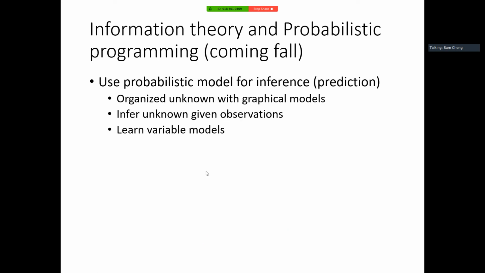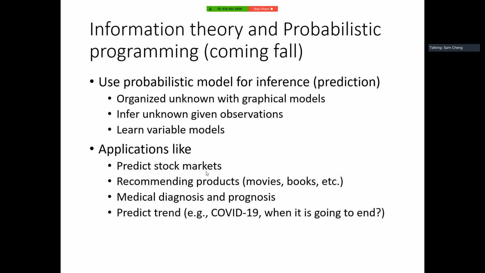What we look into there is using probabilistic models to do inference: how to organize your unknown variables into a graphical model, and then infer knowledge from the observations, from what you see to infer what you don't see, and also learn the structure of the model as well.